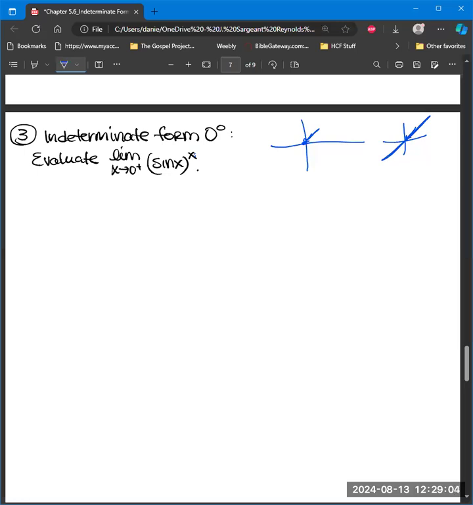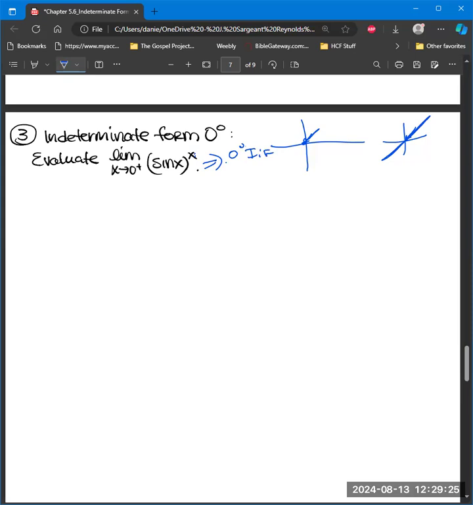So this is something approaching 0 from the right, raised to something approaching 0 from the right, but that's an indeterminate form. I'm not really sure what's going on here.